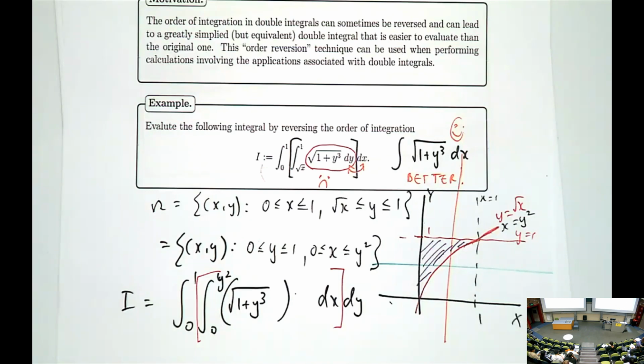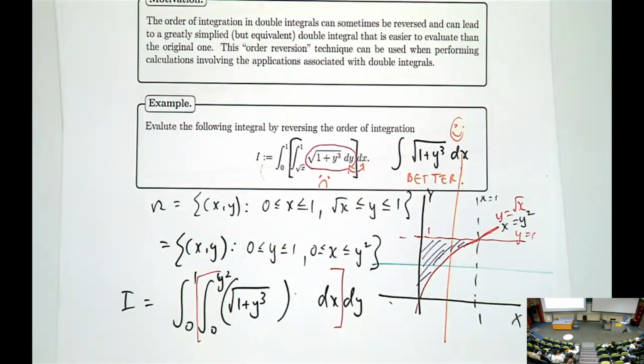So instead of using two parallel vertical lines and two other curves to describe our region, we're using two parallel horizontal lines and two curves. We're just redescribing things slightly differently. Okay? If you're unsure, just draw in some lines, a vertical line and a horizontal line, and see where it crosses. It takes a little bit of practice, but drawing a picture is super important.